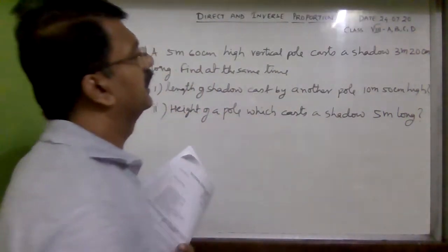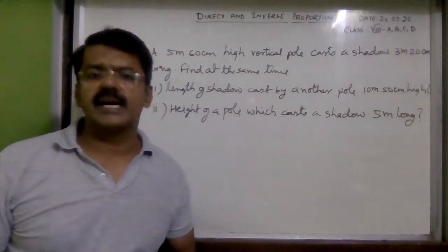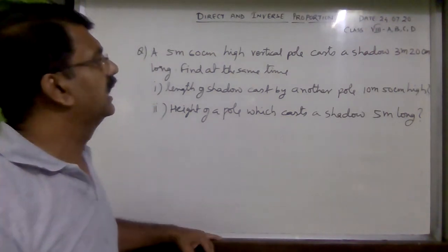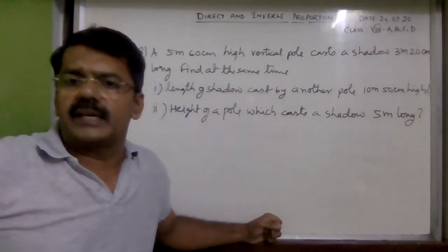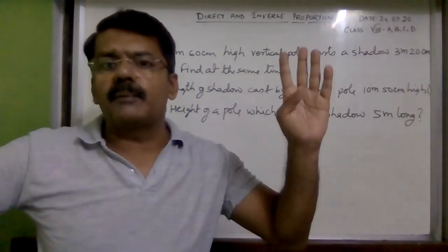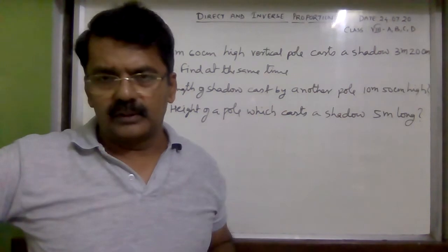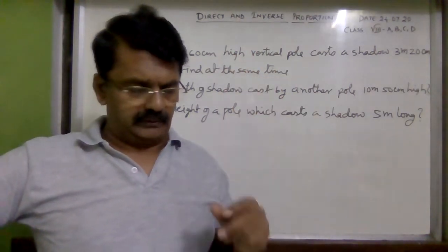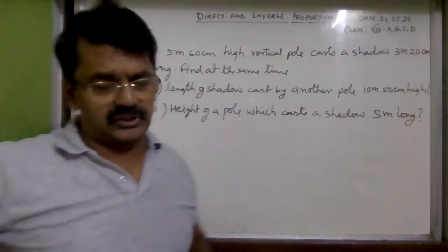Now see, the two quantities that are in consideration here are the length of the pole and the length of the shadow. So obviously, the higher the pole, the longer will be the shadow. The shorter the pole, the shorter will be the shadow.